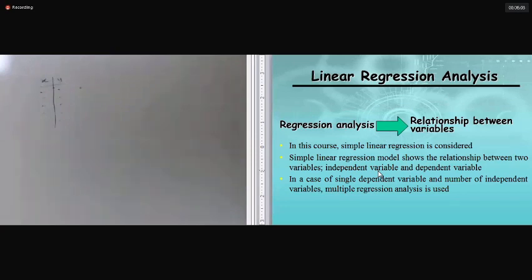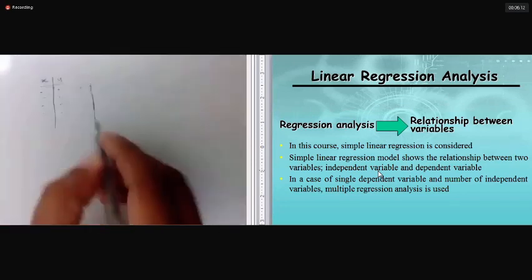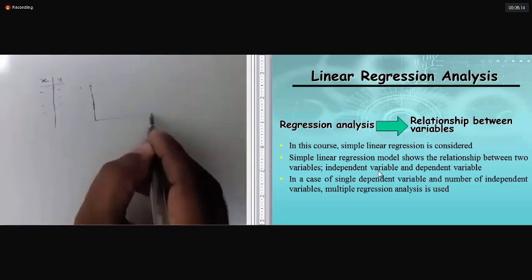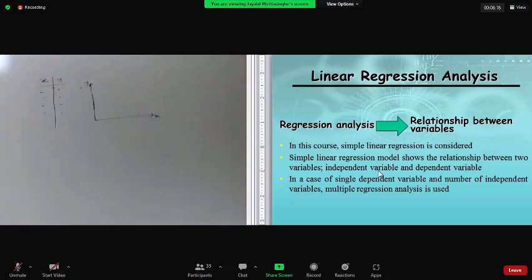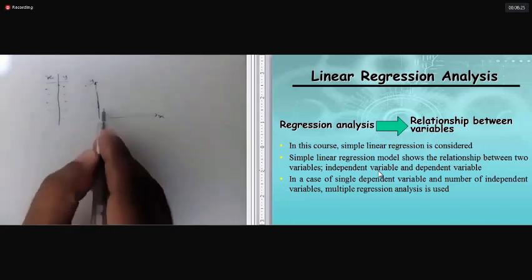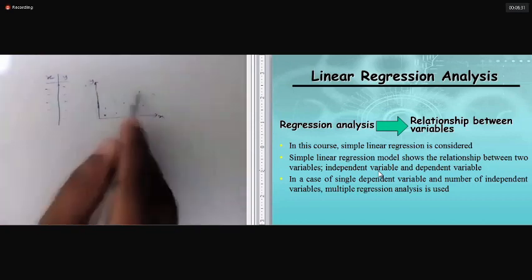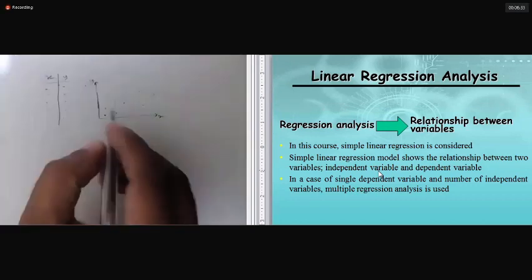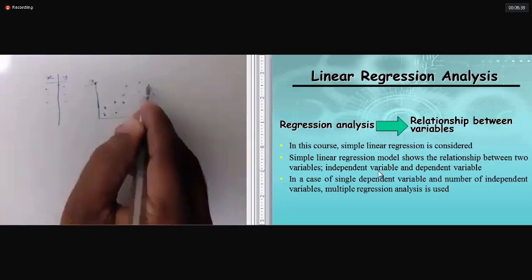When we plot these values in the graphical plane, let's say X and Y axis, sometimes you can see this type of relationship. If you cannot see, I will go again.